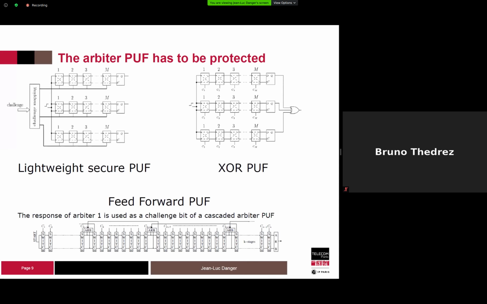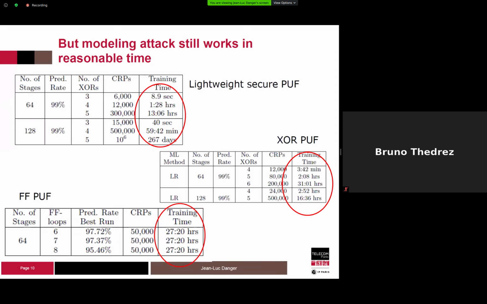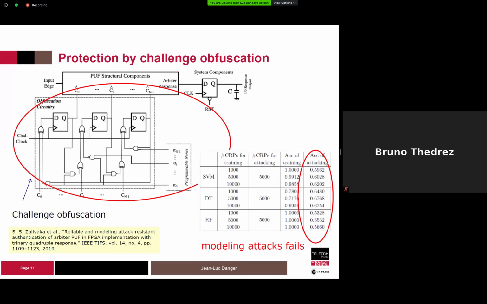A priori, it seems very interesting for security, but unfortunately, modeling attacks, so attacks based on machine learning, are very efficient. As you can see, you have a prediction rate of 99% by modeling the PUF, and you can get that in a few seconds, minutes, or a few hours, but it's still a reasonable time to attack. So machine learning is very powerful.